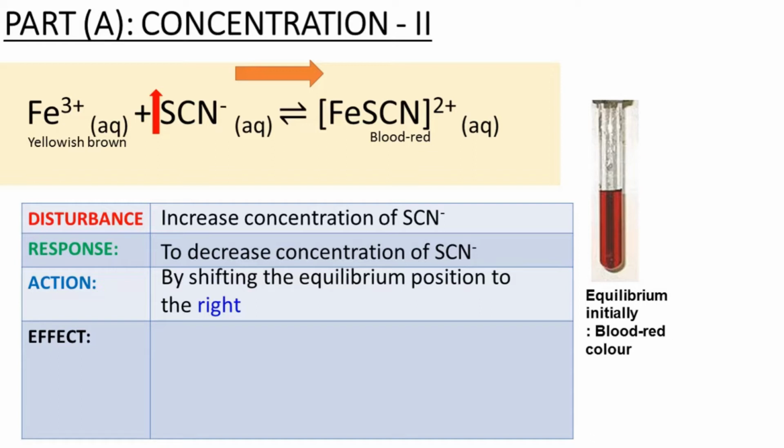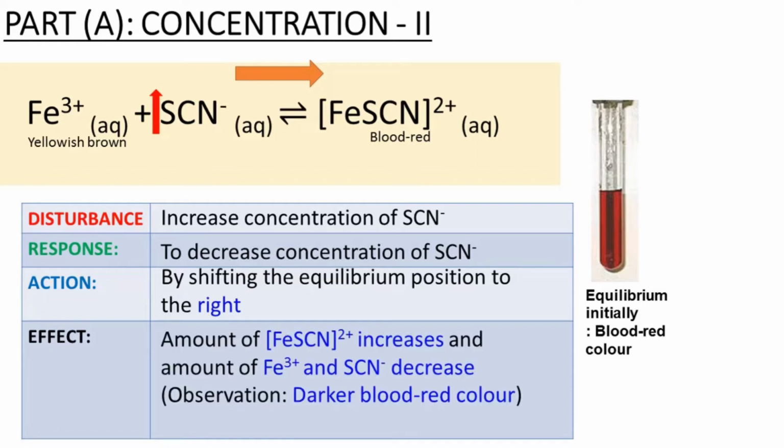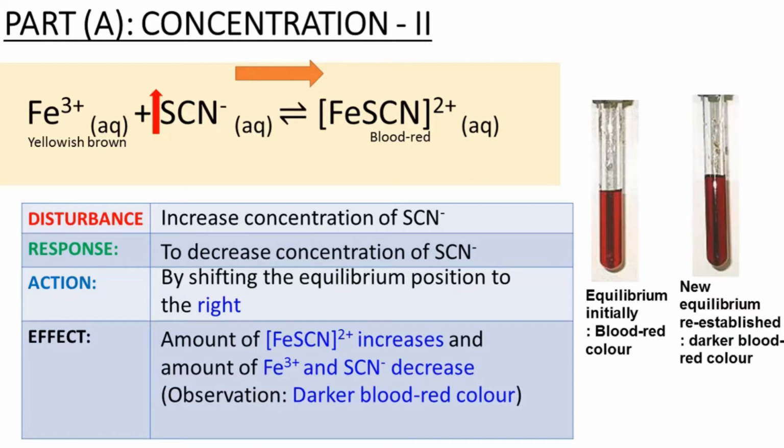This will result in the amount of thiocyanoiron(III) complex ion increasing and the amount of iron(III) ion and thiocyanate ion decreasing in the new equilibrium. As the amount of thiocyanoiron(III) complex ion increases, a darker blood red color will be observed in the new equilibrium.